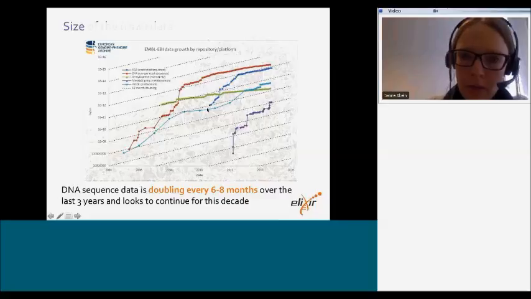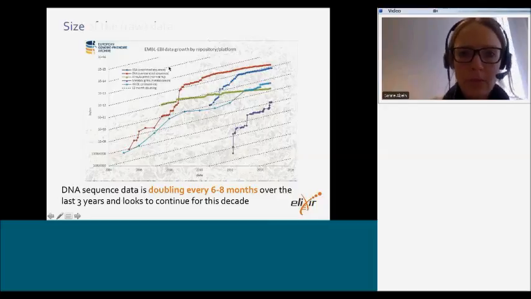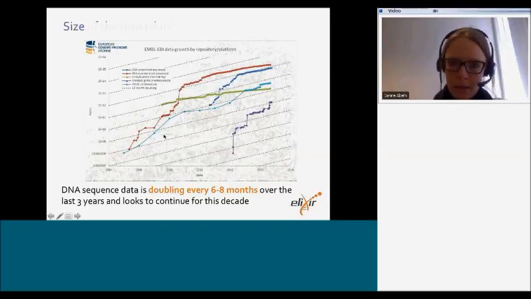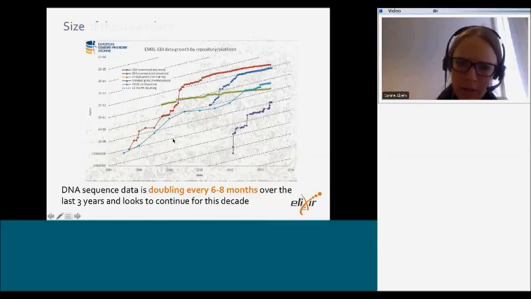But you also see that the human data, the blue line here, EGA, which is also what we'll be talking about today, the repository for the human data, started later than a lot of the other sequence repositories, but you see it's growing really fast, and it almost contains the largest amount of sequences already. And well, this is doubling very fast.